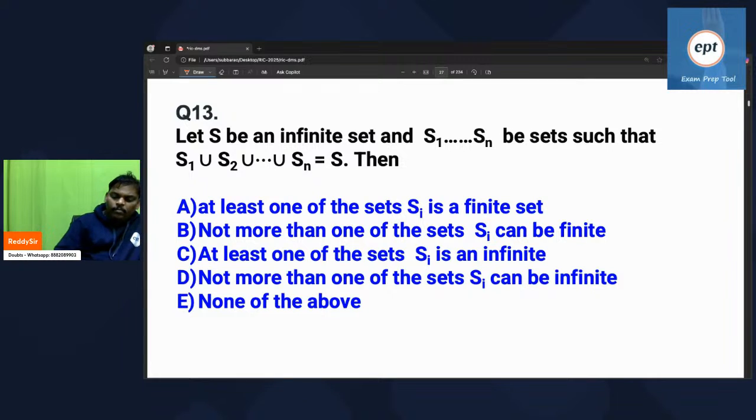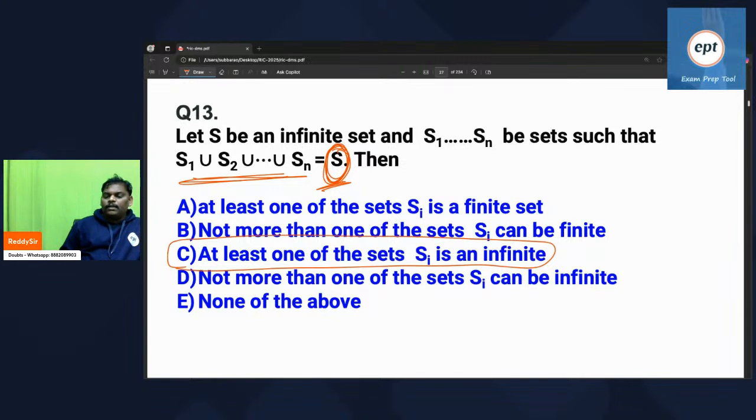Remember, this set became infinite from the union of all these sets. At least one of the sets is infinite.